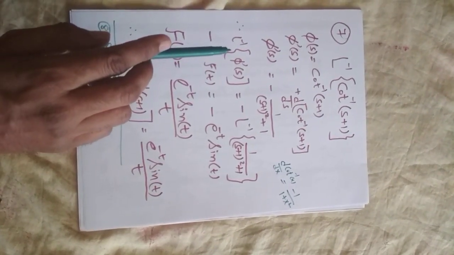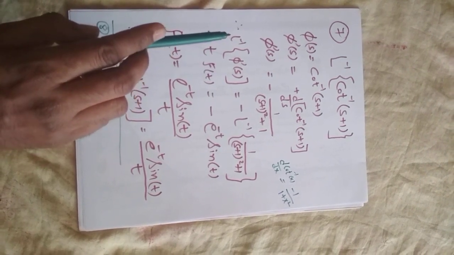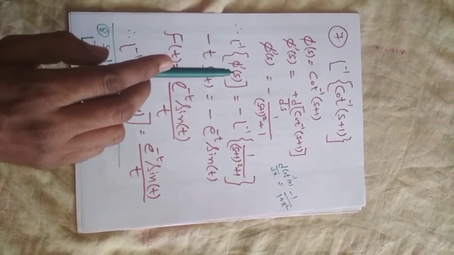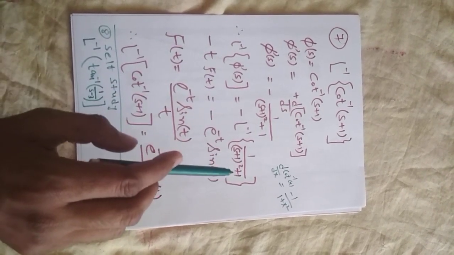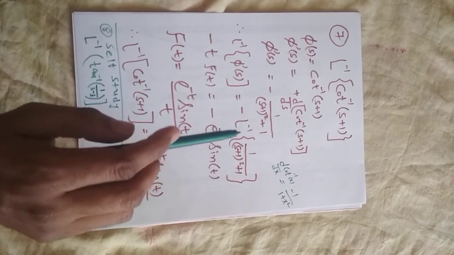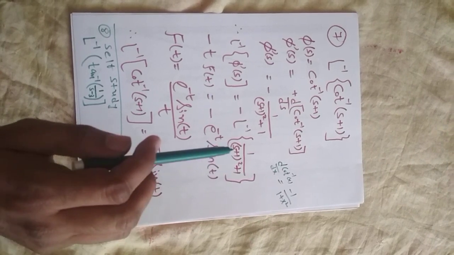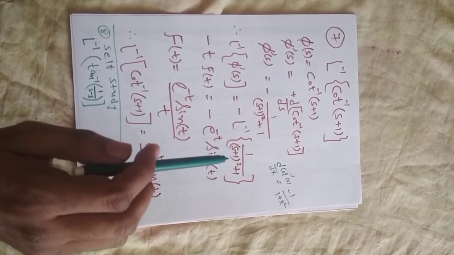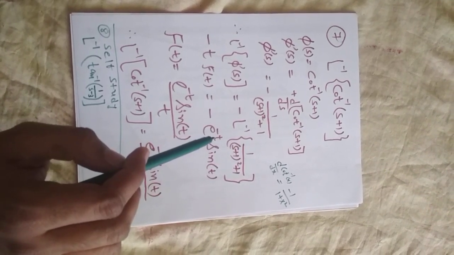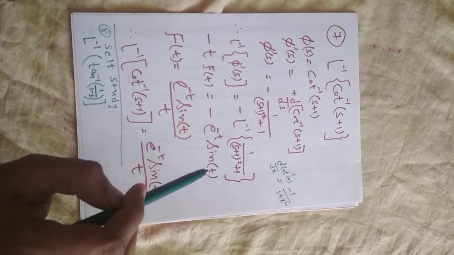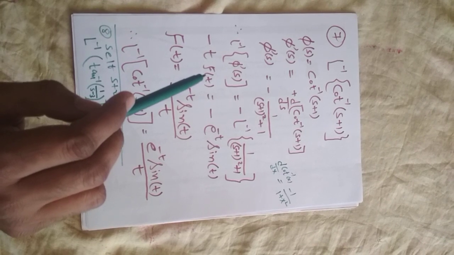Now apply inverse Laplace on both sides. Inverse Laplace of phi dash s is equal to minus, taking the minus outside, the inverse Laplace of 1 upon (s plus 1) square plus 1. Here this is the Laplace of sin t with the shifting property, because s is replaced by s plus 1. So the inverse Laplace of this part is e raised to minus t sin t, and the left hand side is minus t f(t).